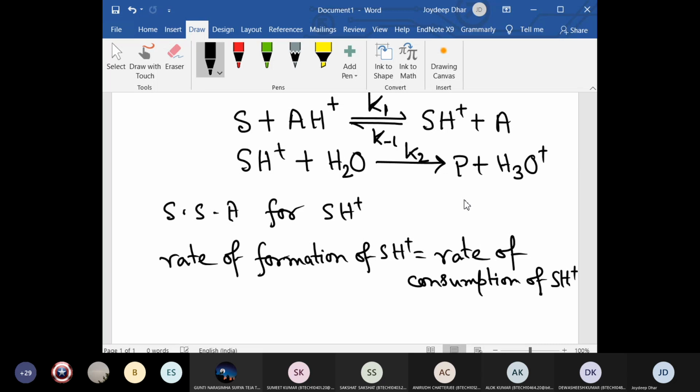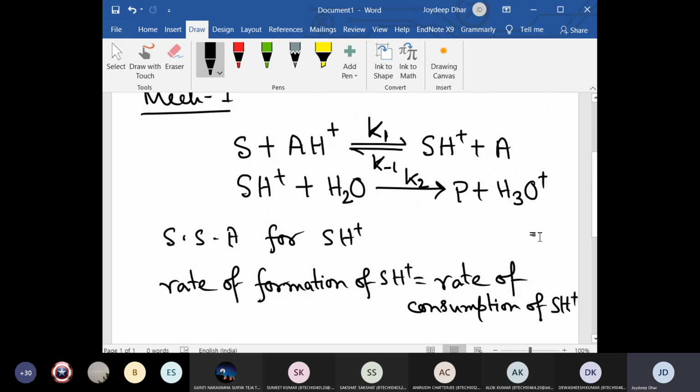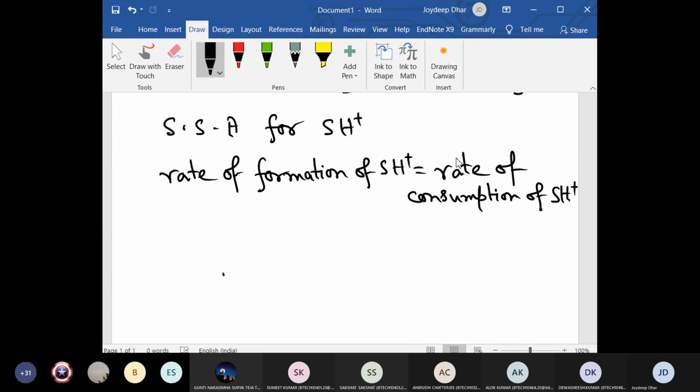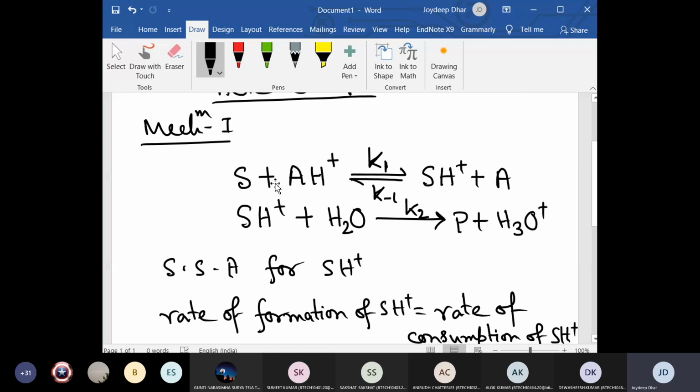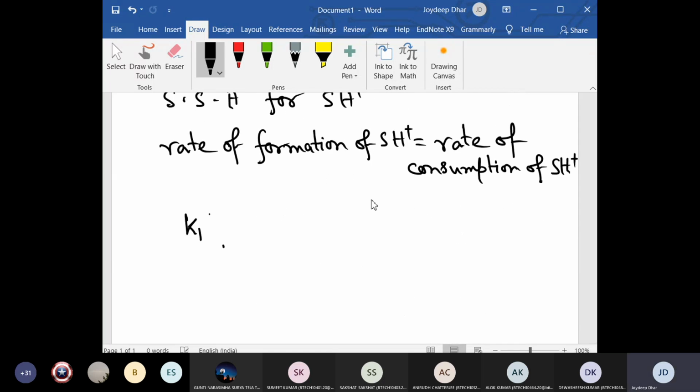So for the rate of formation, in step 1 SH+ is forming, so it will be K1 multiplied by S into AH+.